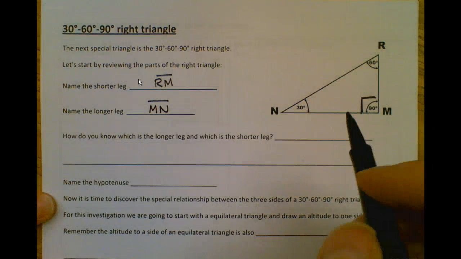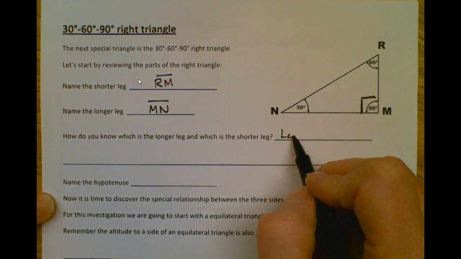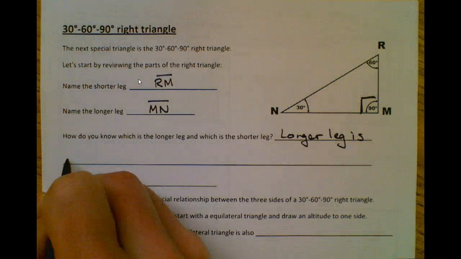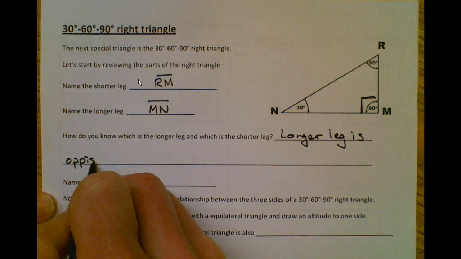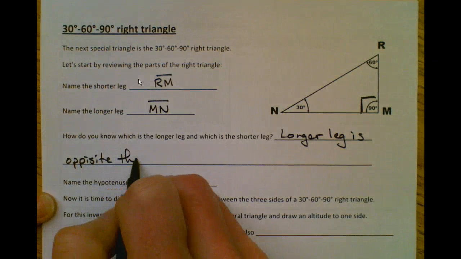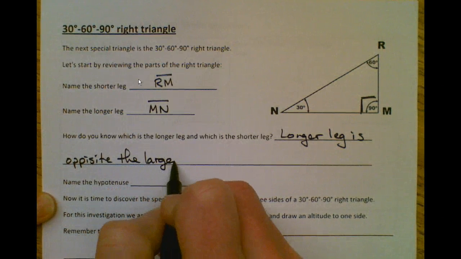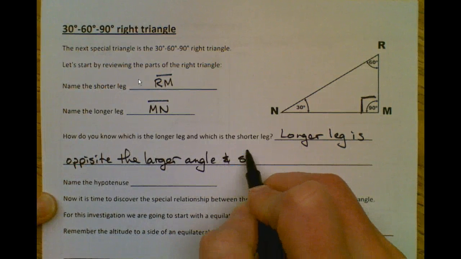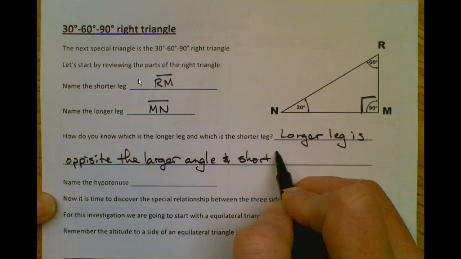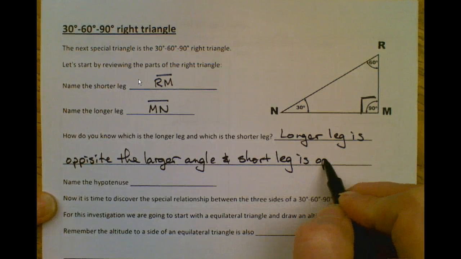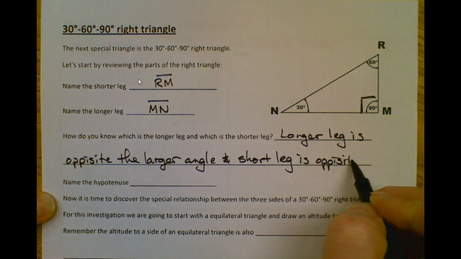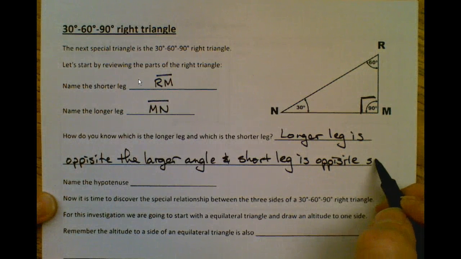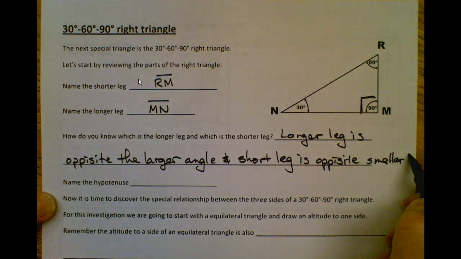So this is a review. We know that the longer leg is opposite the larger angle, and the shorter leg is opposite the smaller angle.